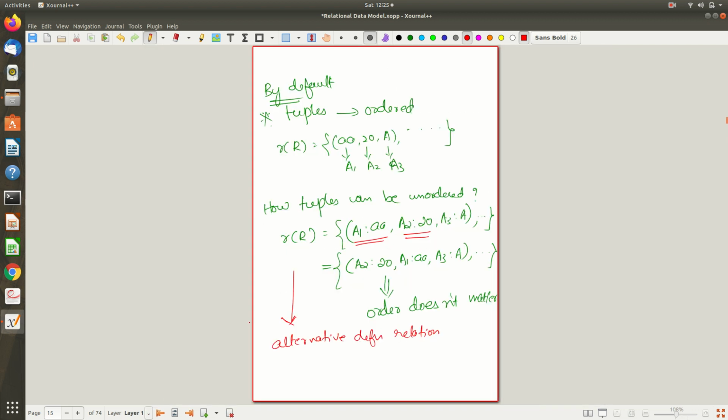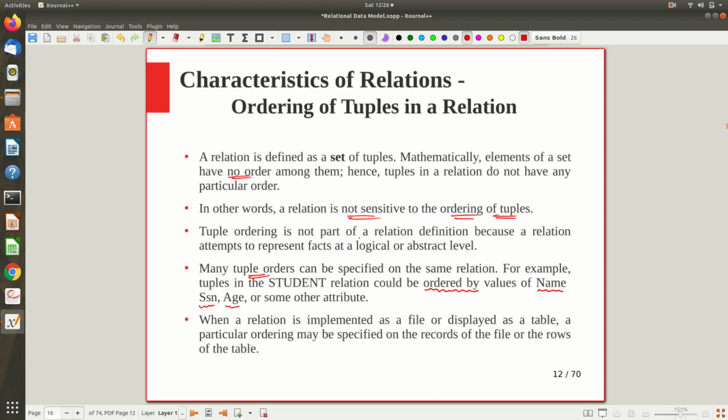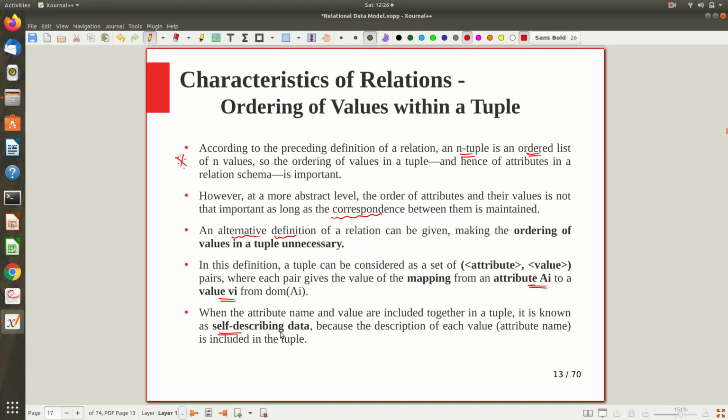Each data is describing itself, that I am the name of a person, like attribute name. If I am simply writing AA, it is of no meaning for a third party, he doesn't know what this AA is. But when I relate that AA corresponds to the attribute A1, it has a meaning, right? So now the data is trying to describe itself because the description of each value is included in a tuple.